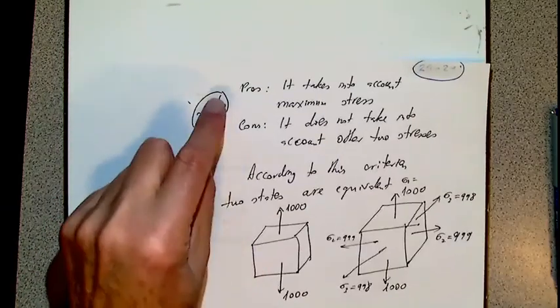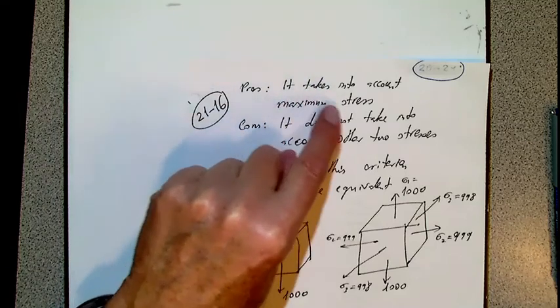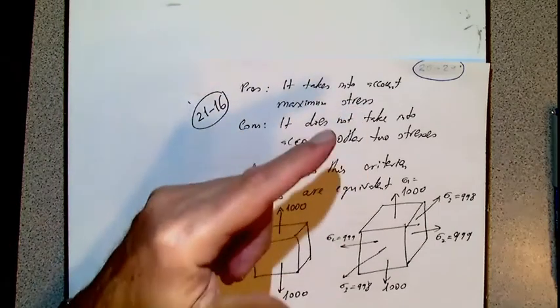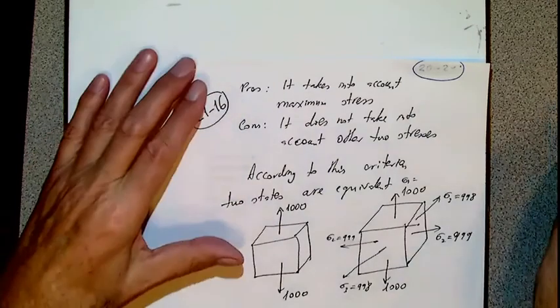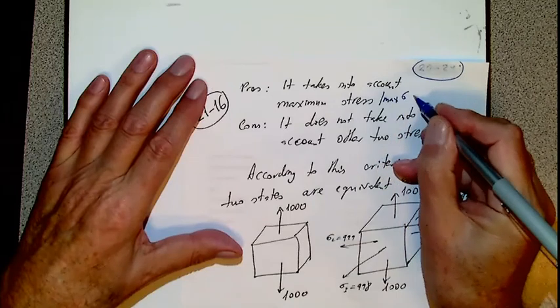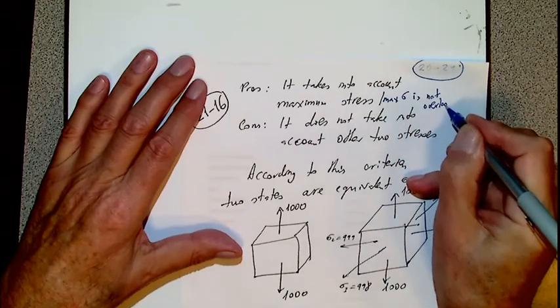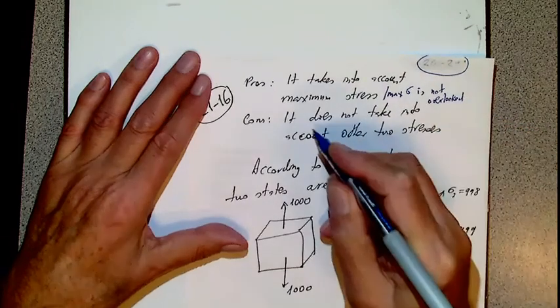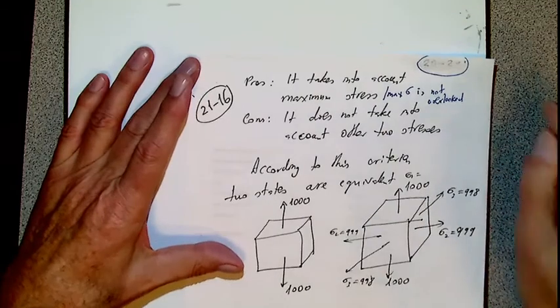Now, pros. What are the pros? It takes into account maximum stress. So that is a pro. Maximum stress is not overlooked. But it does not take into account the other two stresses.